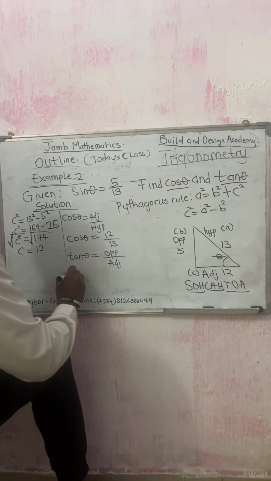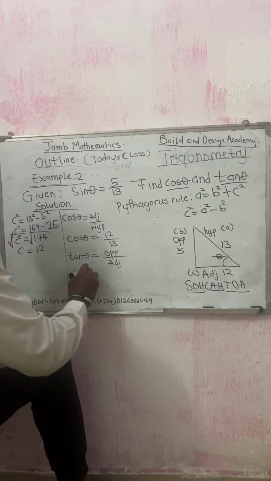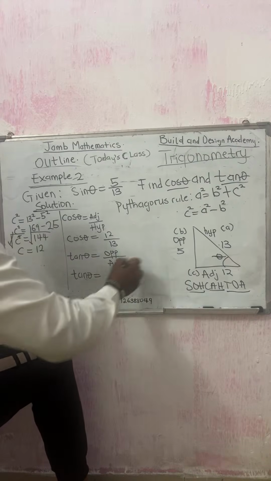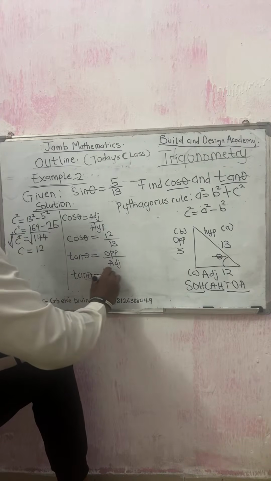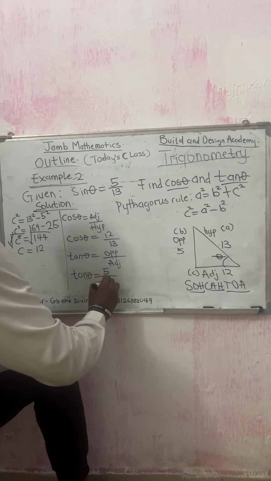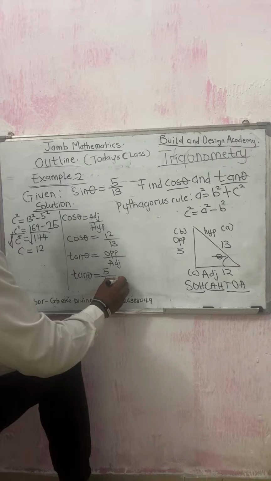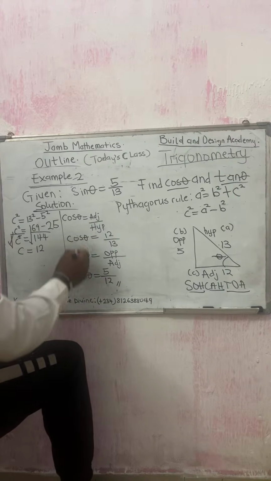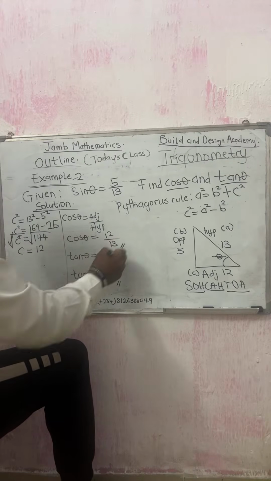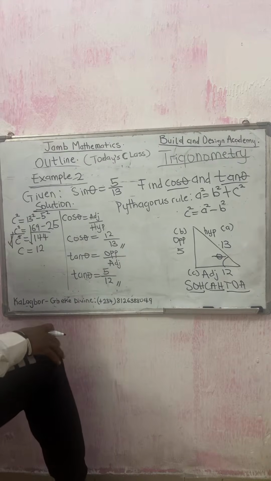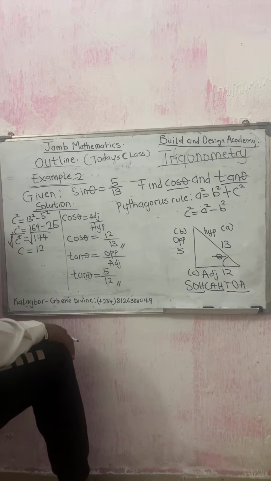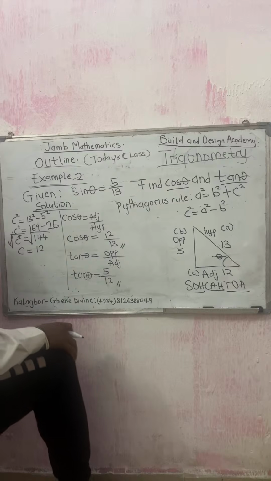And we will now have our final answer as tan theta to be equals to, opposite was given as 5 and adjacent as 12. So our final answer for tan theta will be what? 5 over 12. And for cos theta to be what? 12 over 13. So we are done with example 2.